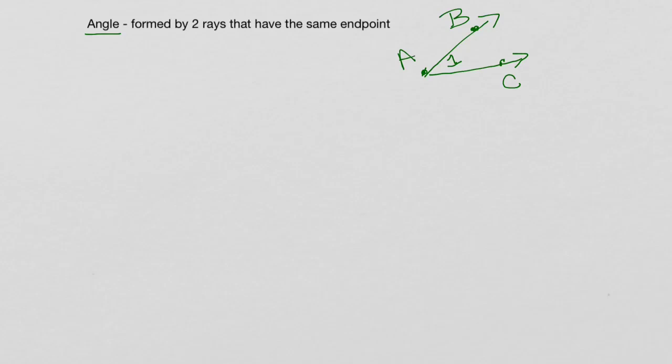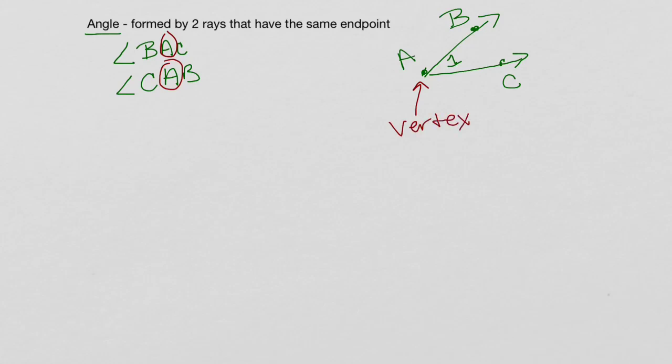So we'll call this angle, and that's the symbol for angle, angle BAC. We could also call it angle CAB. Notice that in both of these cases, the vertex of the angle, the endpoint that is shared by the 2 rays, is the letter that comes in the center. So this is called the vertex, and these are called the sides of the angle.